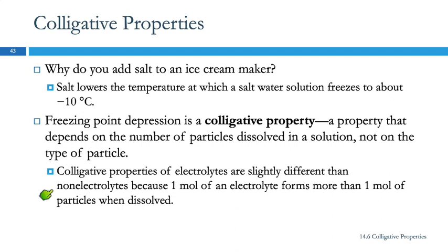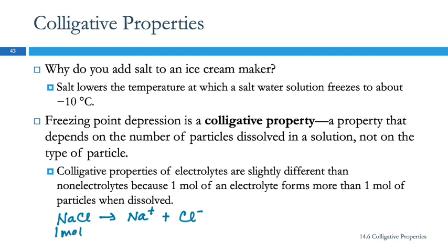There's a slight difference between using electrolytes and non-electrolytes, because with a non-electrolyte, if you put in 1 mole of it, you get 1 mole of particles. But if you put in 1 mole of an electrolyte, like sodium chloride, well, that's going to separate into ions, sodium ions and chloride ions.